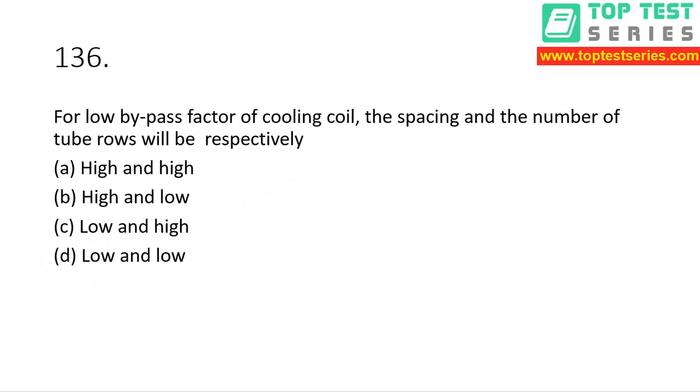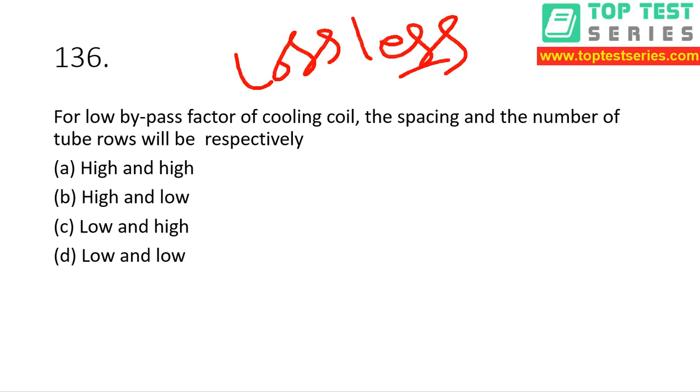Question number 136. For low bypass factor of cooling coil, the spacing and the number of rows will be respectively. For this case my dear, low bypass factor, what is the meaning of this my dear? It means loss will be less. Bypass factor means what? Loss. Low means what? Less. So less loss cooling coil.